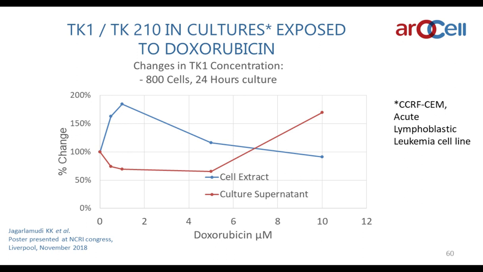As the level of drug administered increases, the first thing you see is that the level of TK1 intracellularly increases, and this is due to the fact that doxorubicin attacks DNA, and the cell is trying to grow more DNA, so you get an upregulation of TK1. As the dose of drug increases, the intracellular concentration of TK1 falls, and you start to see the appearance of TK1 in the supernatant as the cells die.